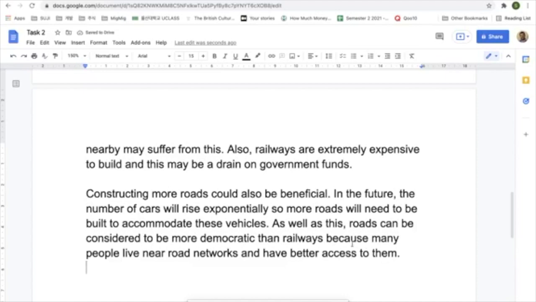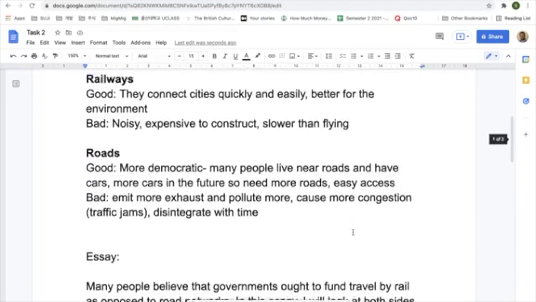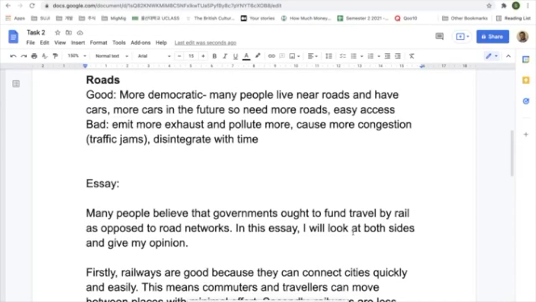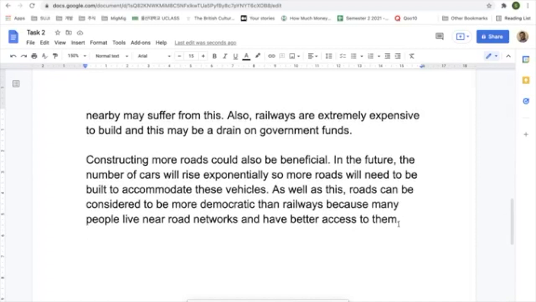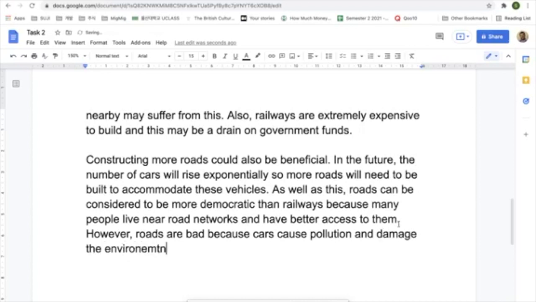So we talk about good things about roads. What about bad things about roads now? We said that they pollute and they cause more traffic jams. Okay, so bad things about roads. However, roads can be considered bad because cars cause pollution and damage the environment.